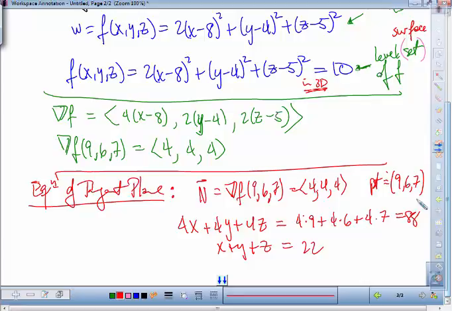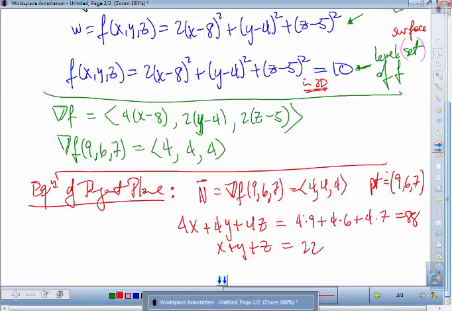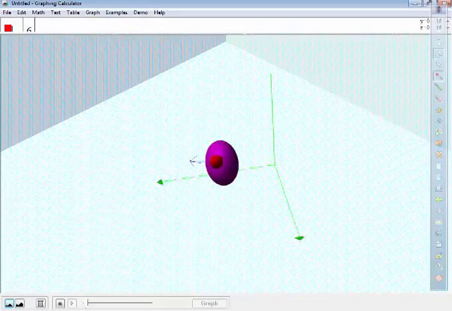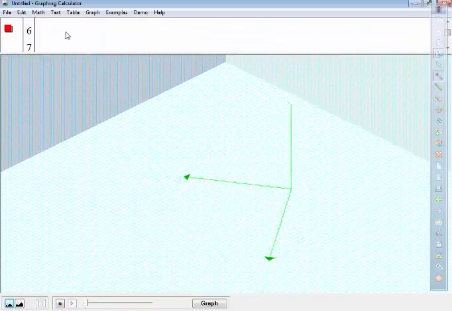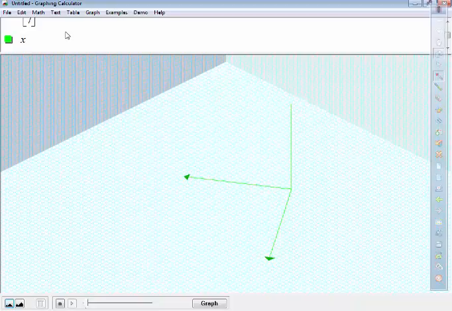All right, so if I graph this, I should see the plane that's actually tangent. In the graphing calculator program, x plus y plus z is equal to 22.